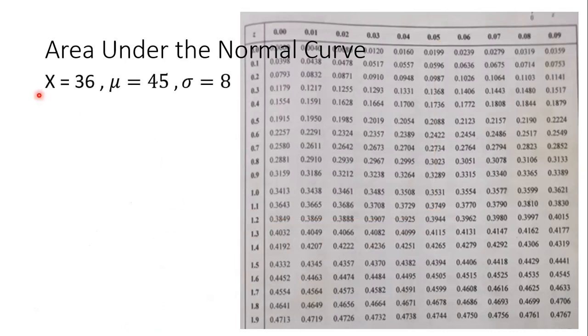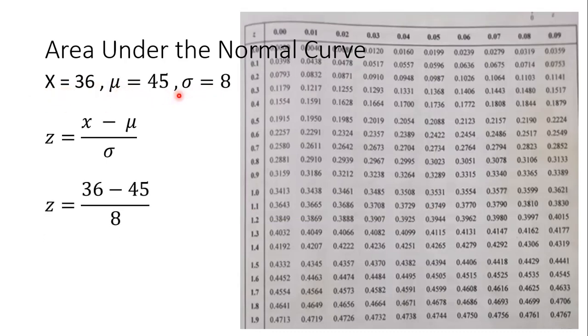Ngayon naman, what if our Z-score is not given, but we were given the value of X, the mean, and the standard deviation? So we can use these values to get the value of our Z-score. And by substituting X, mean, and standard deviation, we will get the value negative 1.13.